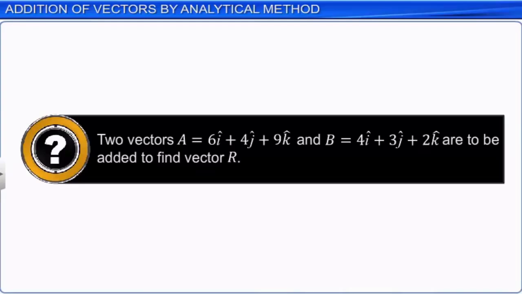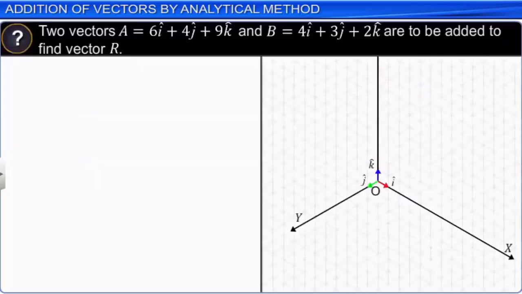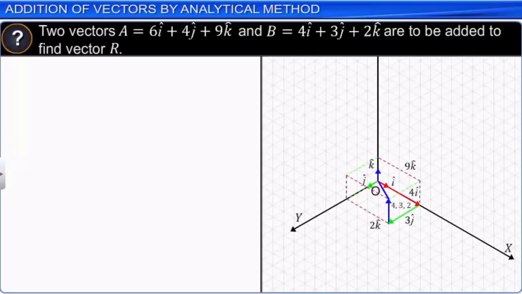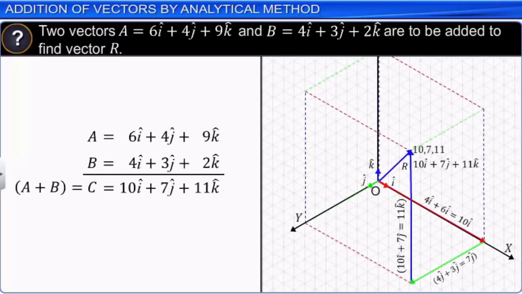To visualize the process, you can represent A on the graph paper by joining the point 6, 4, 9 to the origin O. Similarly, join 4, 3, 2 to the origin O to obtain B. You can draw the resultant vector r after determining the coefficients of i, j, and k by simply adding the corresponding coefficients of A and B. Thus, you have learned the analytical method of vector addition for two-dimensional motion and in three-dimensional space.